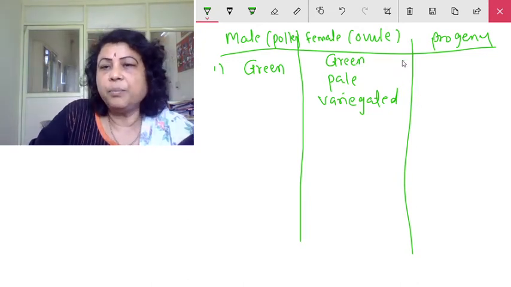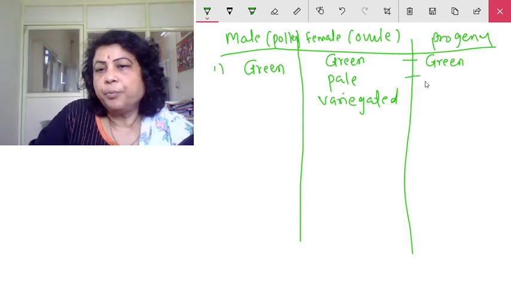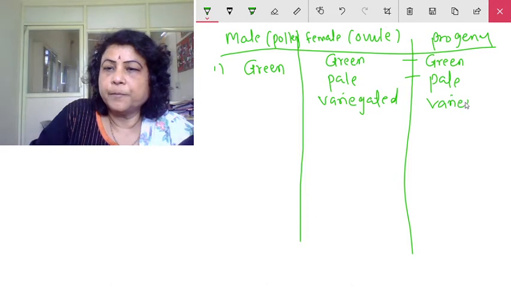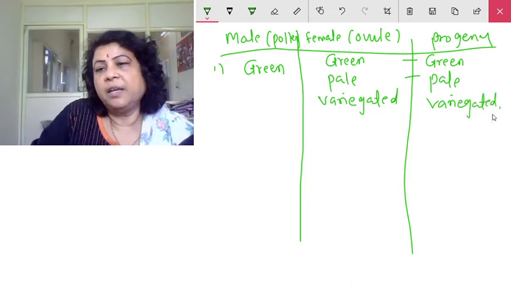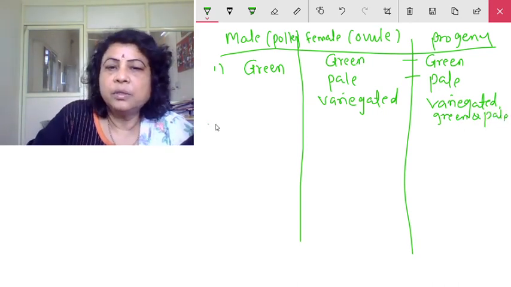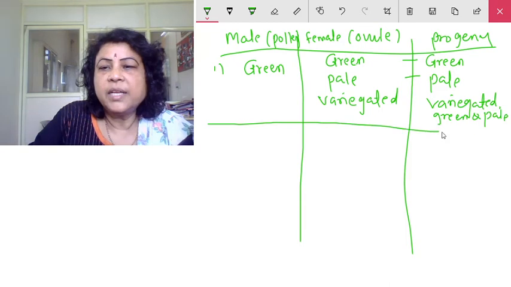So the resulting progenies were green, pale, and variegated. That is the first case.